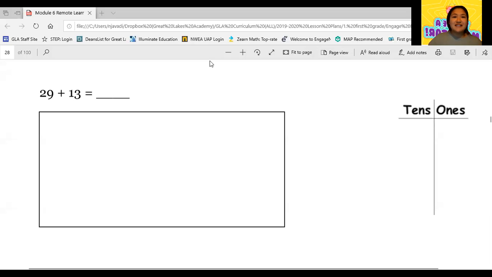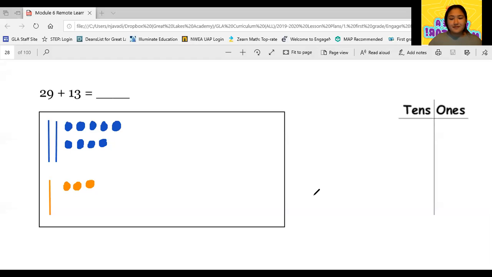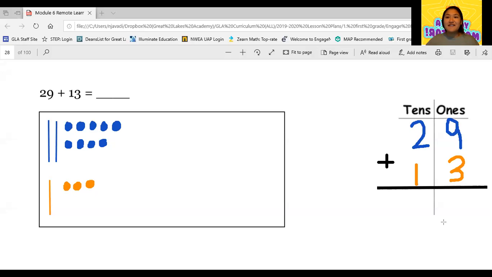This next problem says 29 plus 13. Pause and do your quick tens drawing and set up your vertical addition over here. Nice job if you set up your problem to look like mine. Let's check our work.